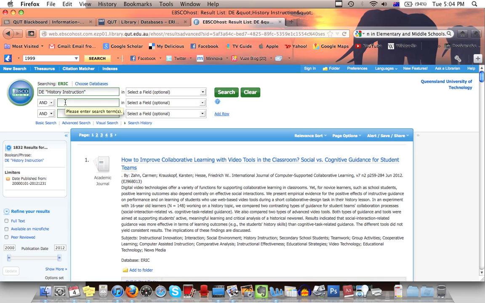So I am going to use one of the Boolean operators, and, to also help me narrow my search. From a previous search, I discovered in the thesaurus that elementary education is a descriptor.